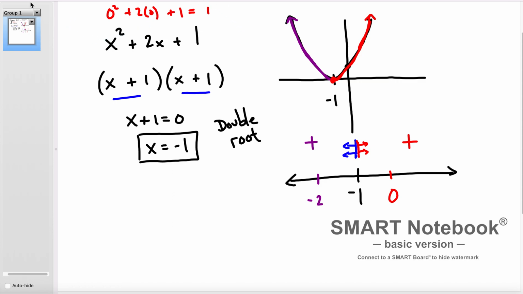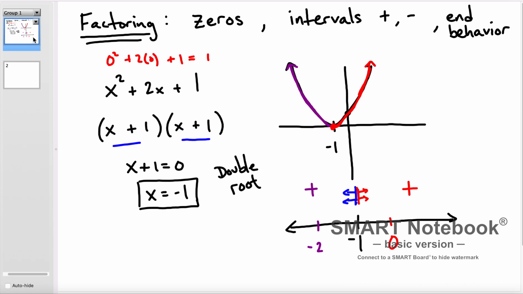So let me just refresh here. Or we can just talk through this question one more time, right? So we're factoring. Why are we factoring? Well, one really helpful thing that we get out of factoring some polynomial is where the image of that polynomial crosses the x-axis, so we can get the shape.